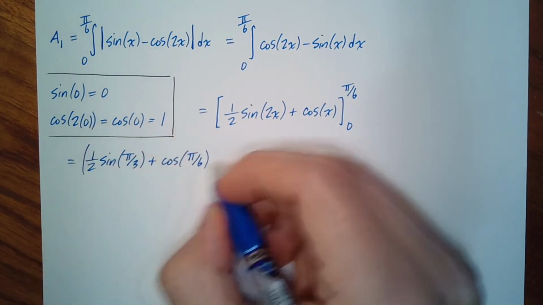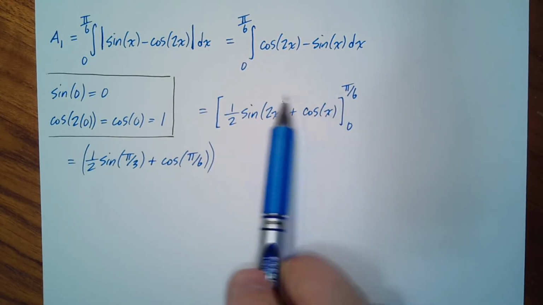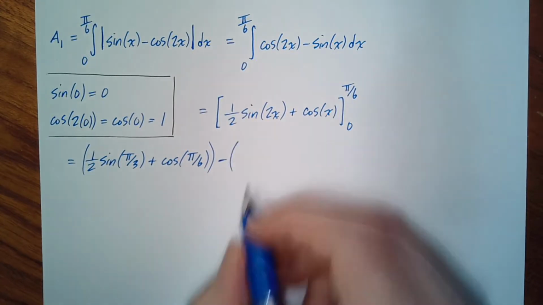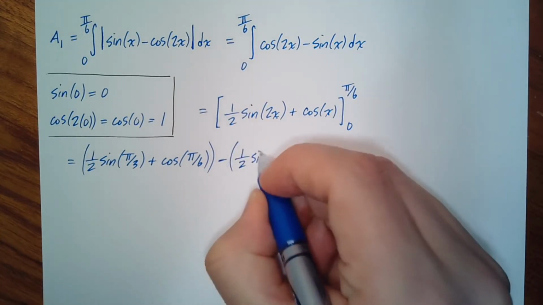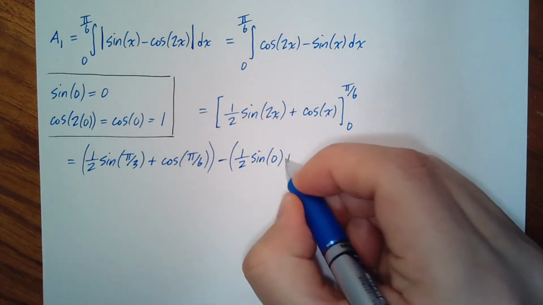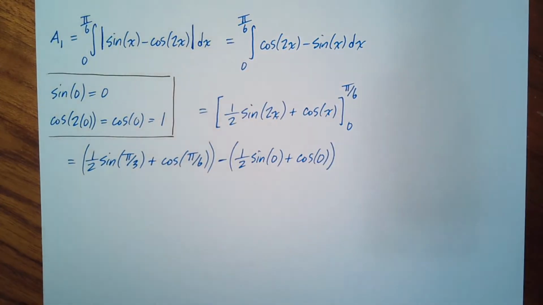And then that's the first set of brackets. That's what you get if you plug pi over 6 into this whole expression. Now we'll take 0 and plug it into the whole expression. We'll have minus 1/2 sine of 2 times 0 is just 0, so it'll be sine of 0 plus cosine of 0. And that's what you end up getting.